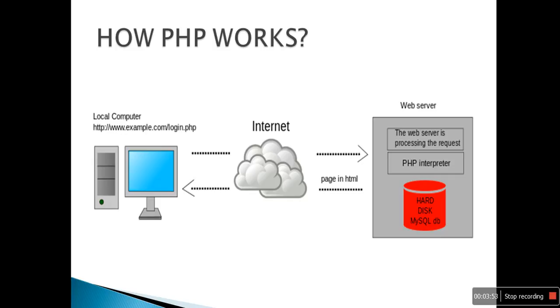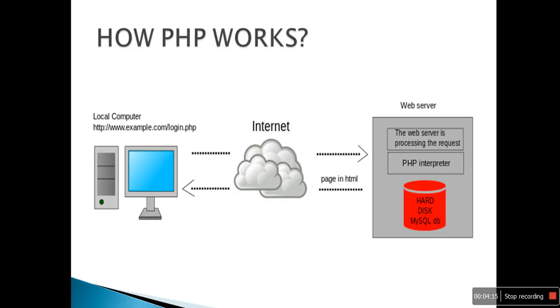Now let us see what things are needed to install PHP, and what you can do. PHP needs a PHP interpreter, so where are you going to get it? If you want to build a website, you need to store some records.